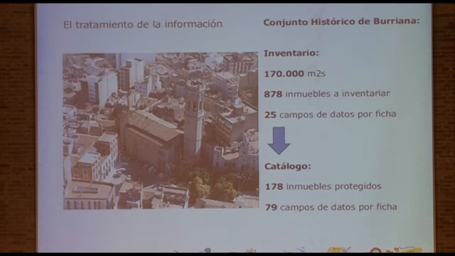If such an inventory has 170,000 square meters and more than 878 buildings, then we can prepare the catalog with all the values that make a building protected.